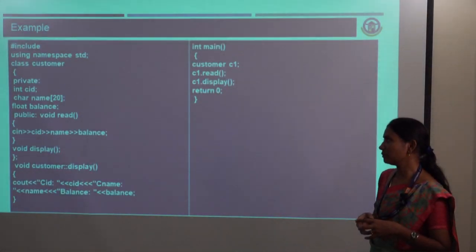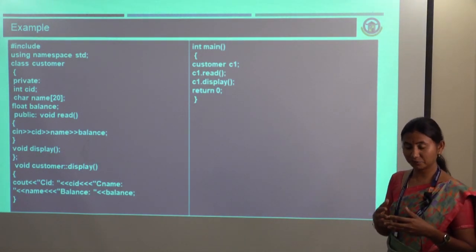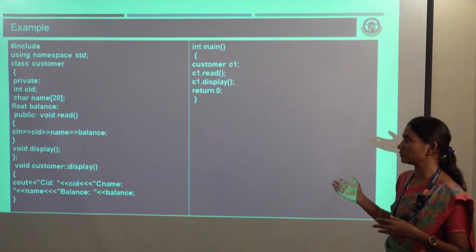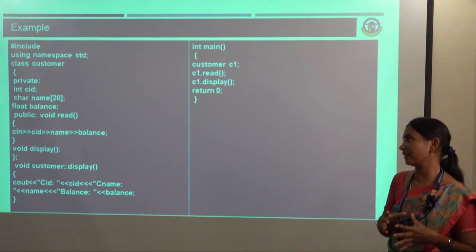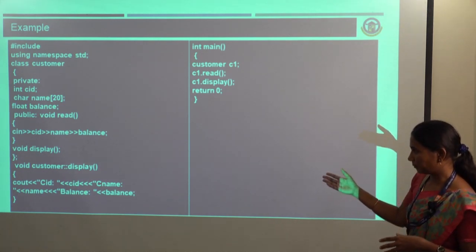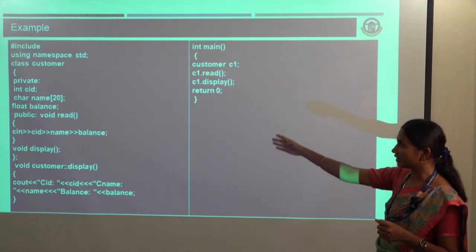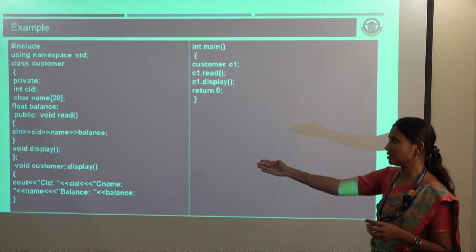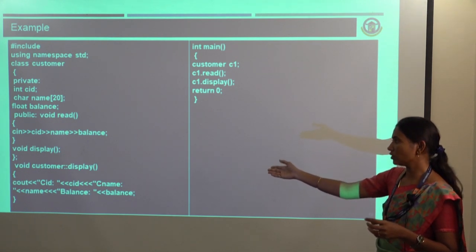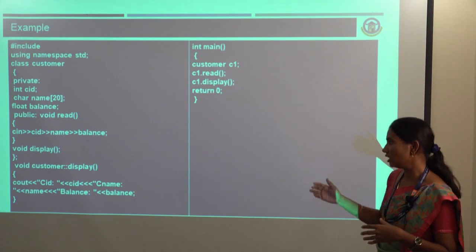So this is the program for function declaration inside the class and function definition outside the class. Here you can see the void display function is declared inside the class, and after declaration the class is closed with a semicolon. Next, outside the class the function is defined here.